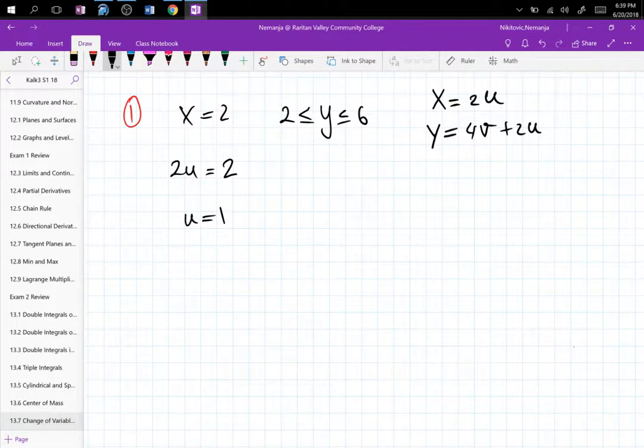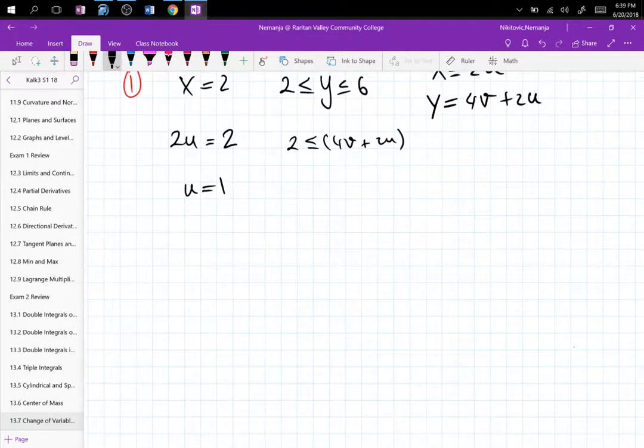Over here, for y, I have to plug in the whole thing from the substitution. So we have 2 less than or equal to, and instead of y, I have 4v plus 2u. Now, did you plug in 1 for u in that? Yes!